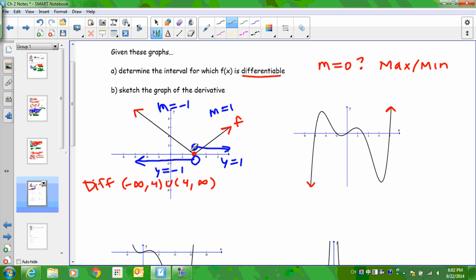Okay, not cusp, but curve. So you may want to even write curvy maxes and mins. So see that? Max, min, max, min. The derivative, or the slope at those points, is 0. So I'm going to plot a point where the y value equals 0. Then I'm just going to take it a segment at a time. See how that slope is positive?